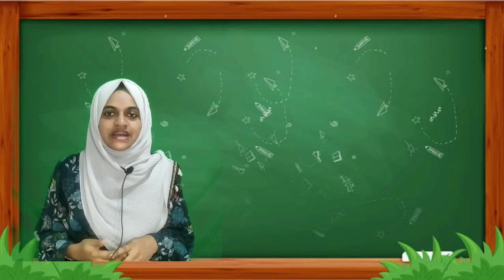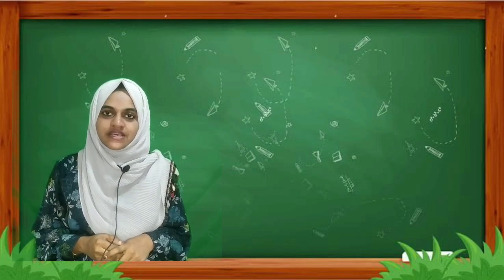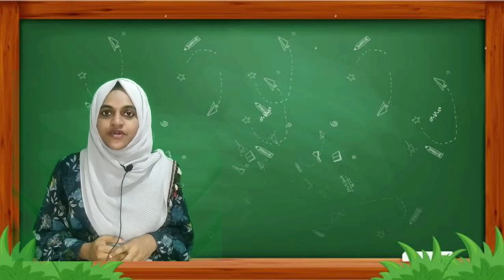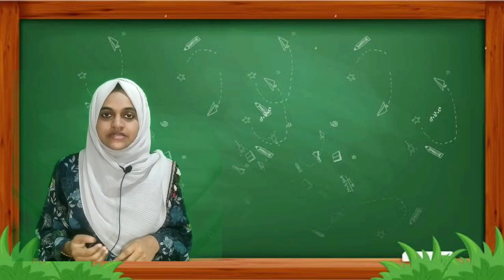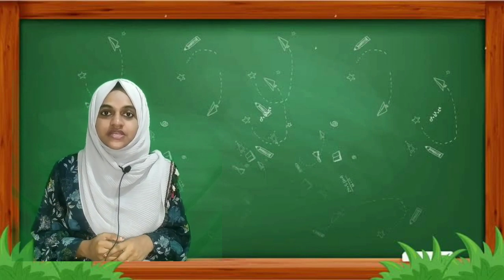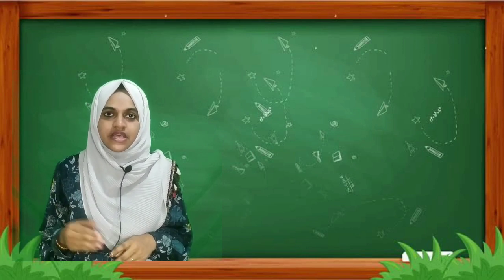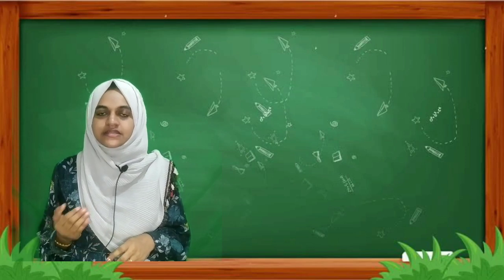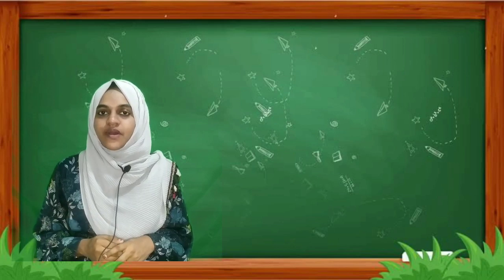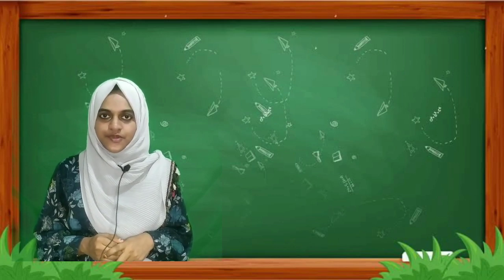In the previous class we were discussing the asexual mode of reproduction in organisms, right? We learned that reproduction is of two different types, asexual reproduction and sexual reproduction. In that, we learned in detail about the asexual mode of reproduction.